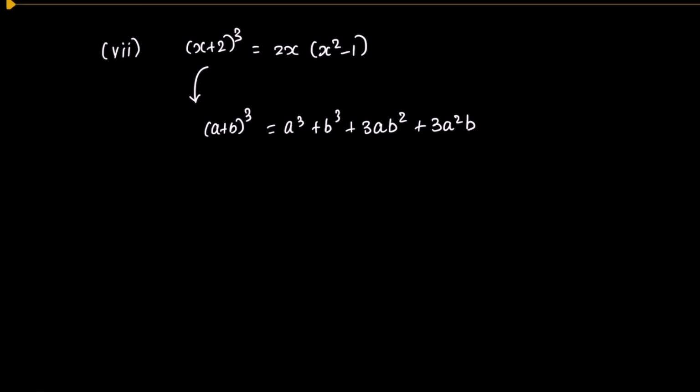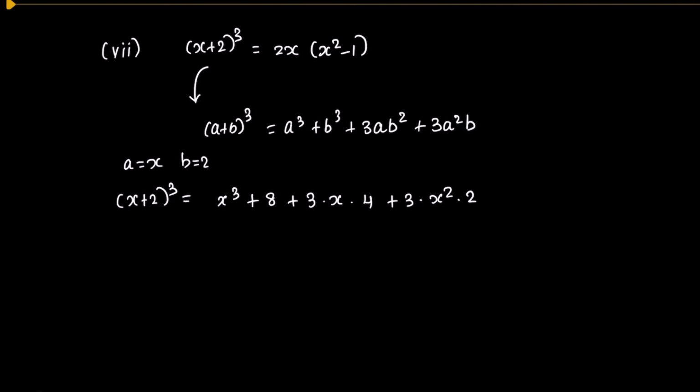Now just expand. (x plus 2) whole cube, so a is equal to x and b is equal to 2. Now x cube plus b cube, that is 8, plus 3 times x times b square, which is 4, plus 3 times x square times 2.